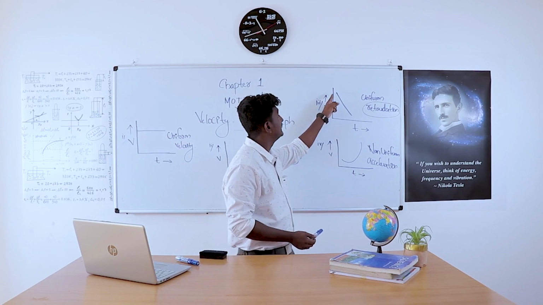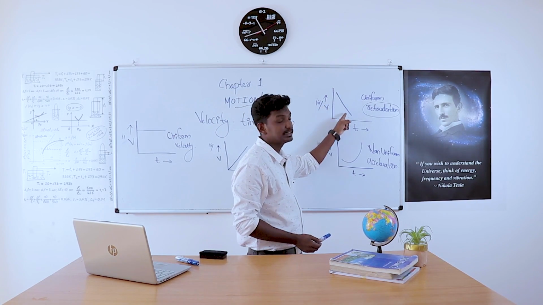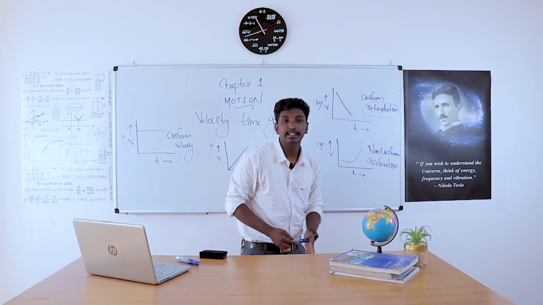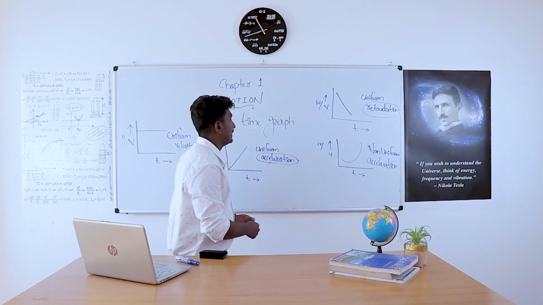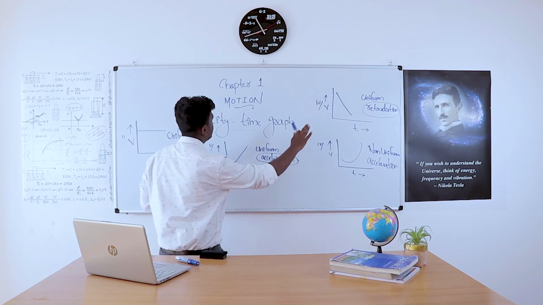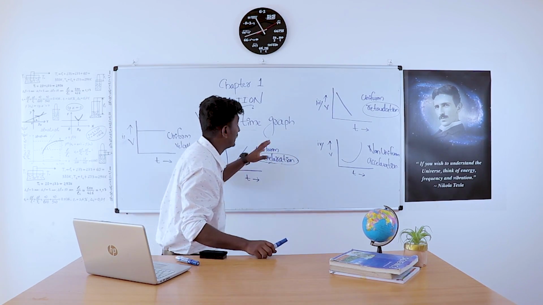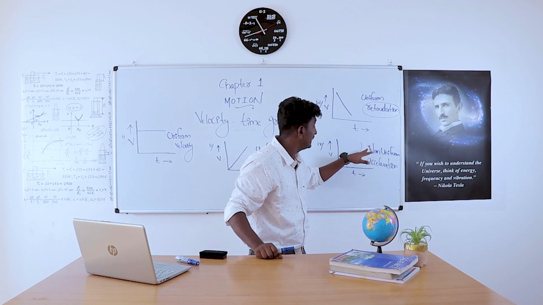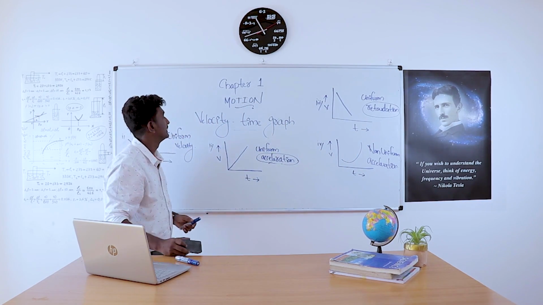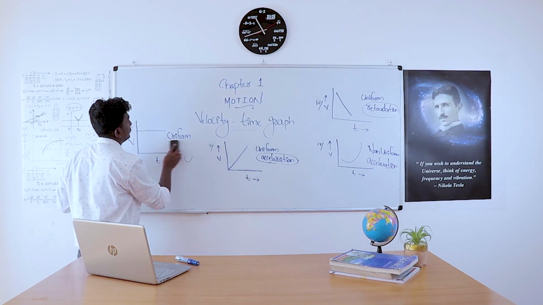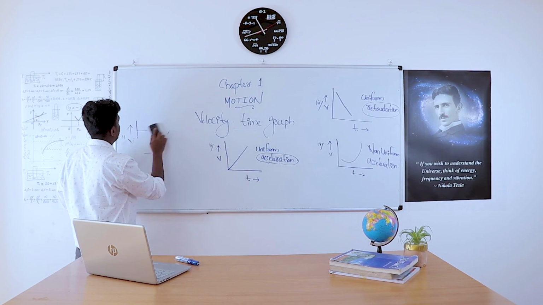If we are getting a decreasing graph, a straight line too, then the nature is uniform retardation. A graph other than these three, like any curve, is non-uniform acceleration. This is the nature of velocity time graph.